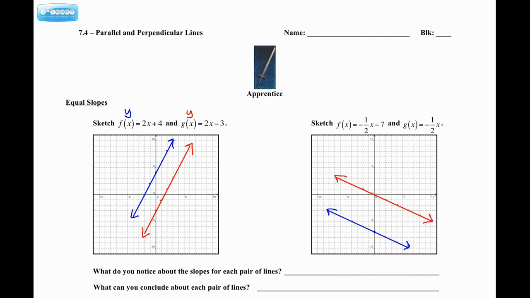Okay, so these lines of course are different, but they appear to be parallel, and that's because the slopes are the same. So, what do you notice about the slopes for each pair of lines? They're the same. So what can you conclude about each pair of lines?